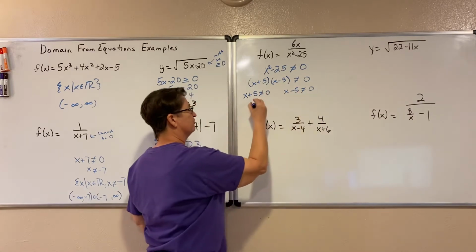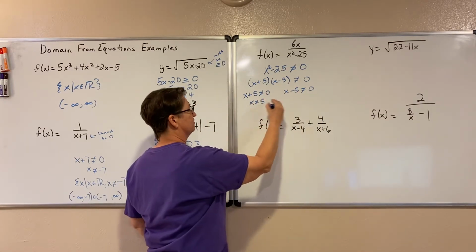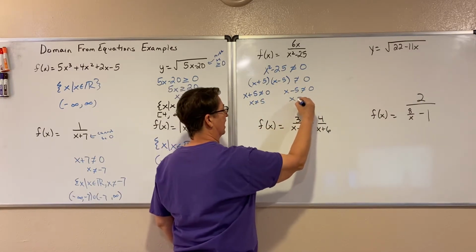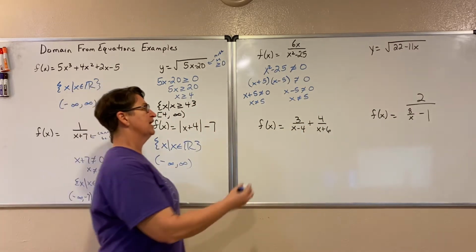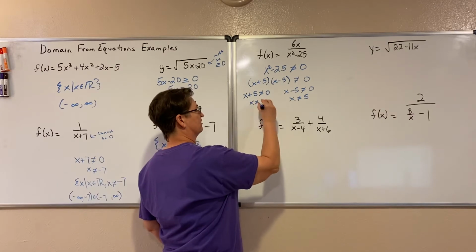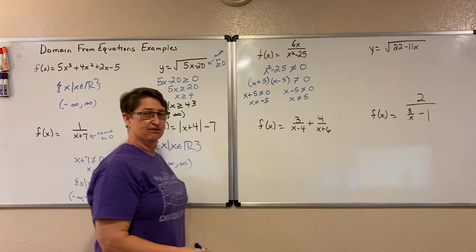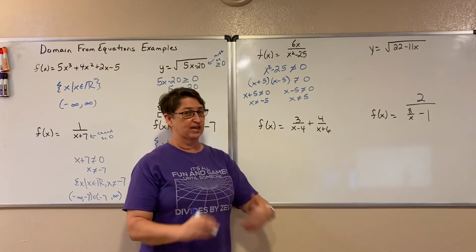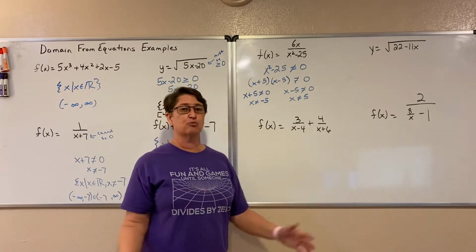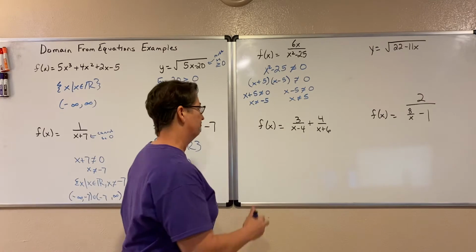Then I solve, subtract 5 from both sides. Add 5 to both sides. So my x cannot be 5, and it cannot be negative 5. It can be any other real number, just not negative 5 or 5.